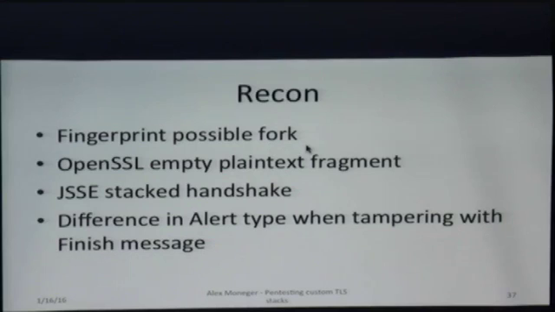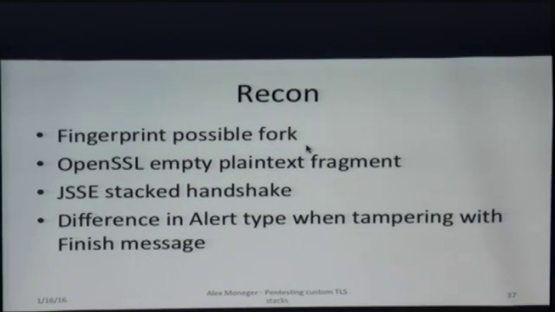So for example, OpenSSL, depending on the version, will add an empty plaintext fragment, and I don't think other stacks do that, meaning it will just send an empty blob, which will be encrypted and pass through. JSSE, as I said, has the concept of a stacked handshake, and so that's something you'll only see with that. Another one you can figure out is you will get a different alert type when tampering with the finished message.